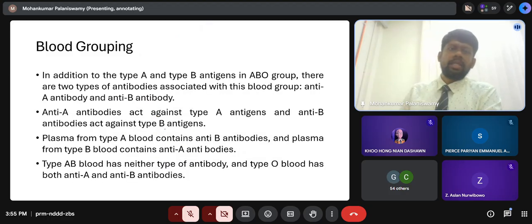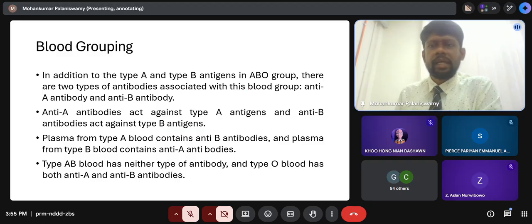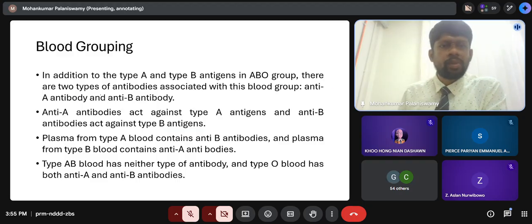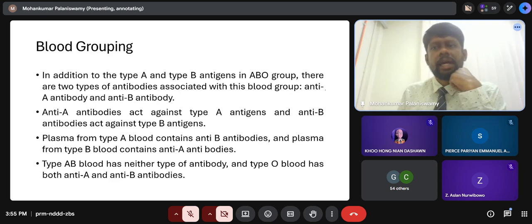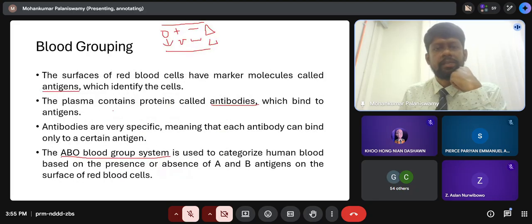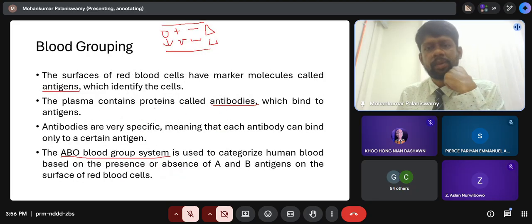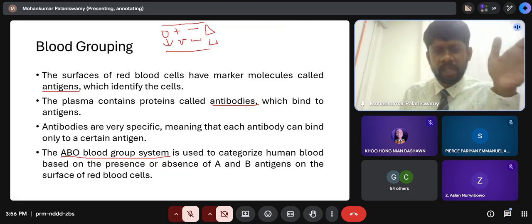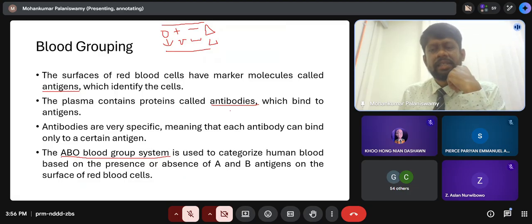In addition to the type A and type B antigens in the group, there are also two types of antibodies associated with this blood group, that is anti-A antibody and anti-B antibody. The plasma proteins have antibodies, right?